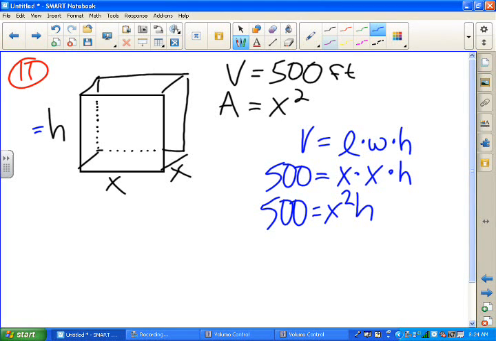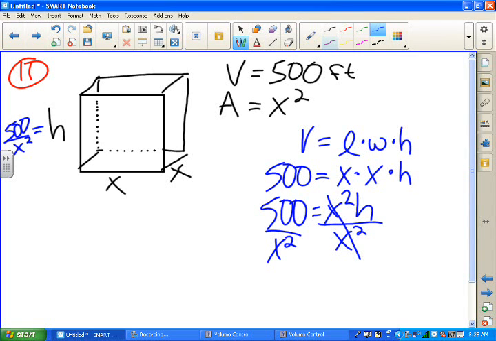Now if I solve this algebraically for h, I can rewrite h as a function of x. I divide both sides by x squared, and that yields 500 over x squared equals h. So I'm going to consider h to be 500 over x squared.